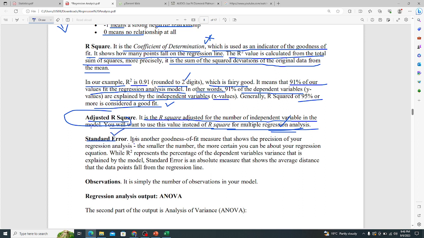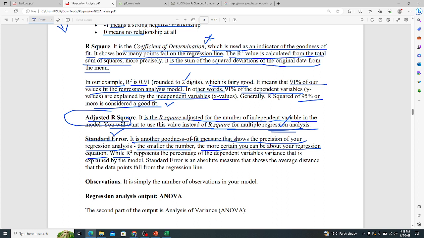Then we have the last one, which is standard error. We said that standard error is also another goodness of fit measure that shows the precision of your regression analysis. The smaller the number, the more certain you can be about your regression equation.